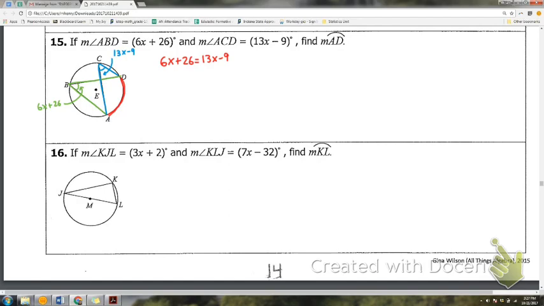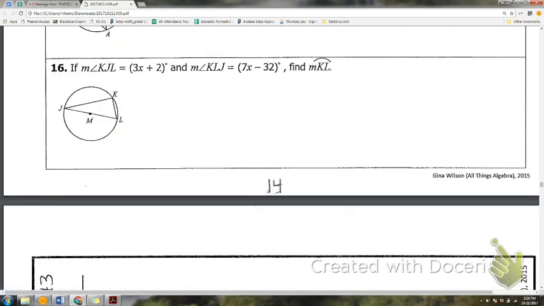And let's look at our final example, number 16. 16 says the measure of angle KJL is 3x plus 2. So KJL is this angle here, 3x plus 2.